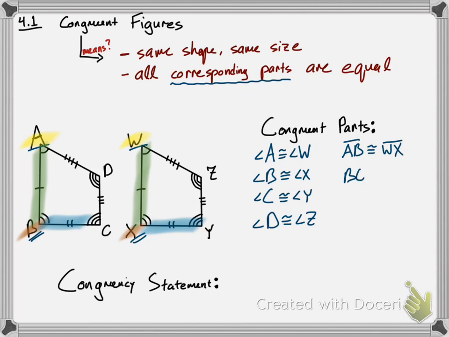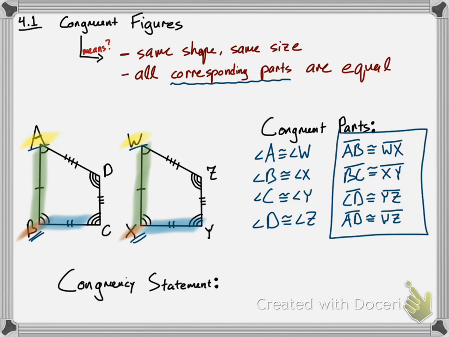We have BC and XY. We have CD is congruent to YZ. And we have AD is congruent to WZ. There are all four of our sides.